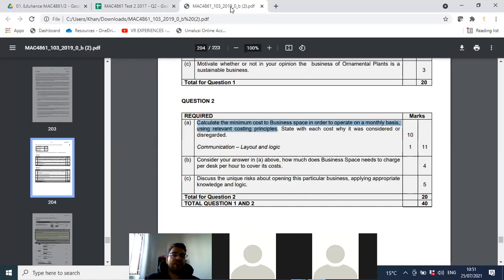So they want to make sure that us as a future CA are picking up the relevant issues, and then doing calculations and providing solutions based on the relevance of what is required.